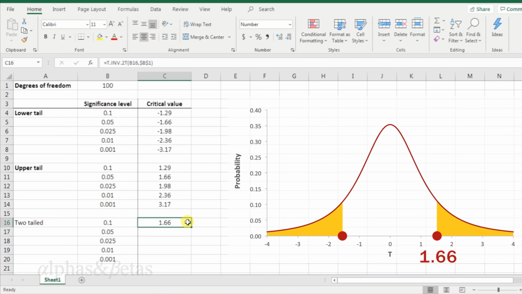The distribution is symmetrical, so the lower critical value is the negative of that, so -1.66. Together, the critical values are -1.66 and 1.66. The result is the same as under the first method. You can do the same to find the critical value for other significance levels. Common significance levels are 0.05, 0.025, 0.01, and 0.001.